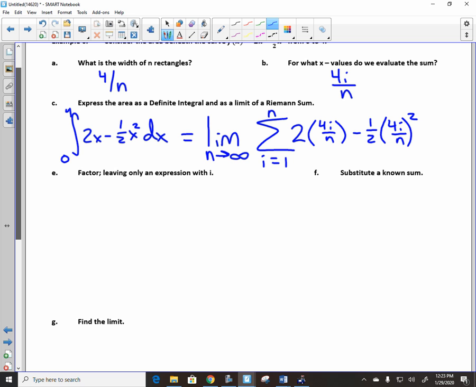And I have to multiply all of that by 4 over n.